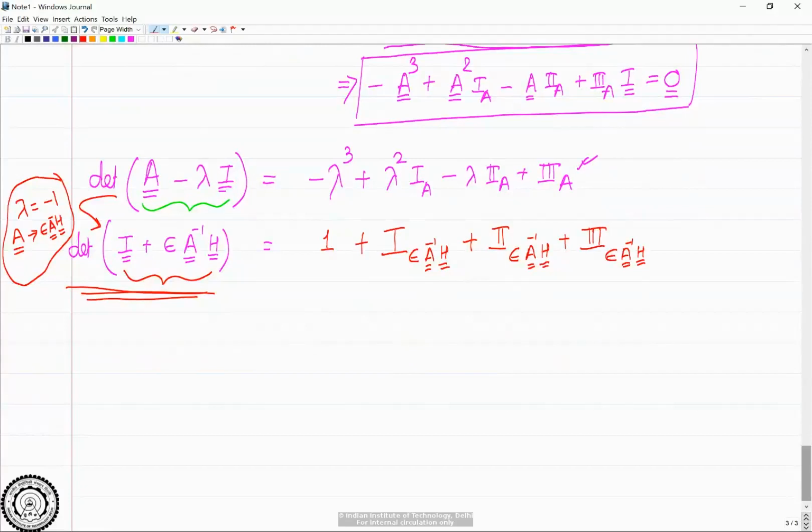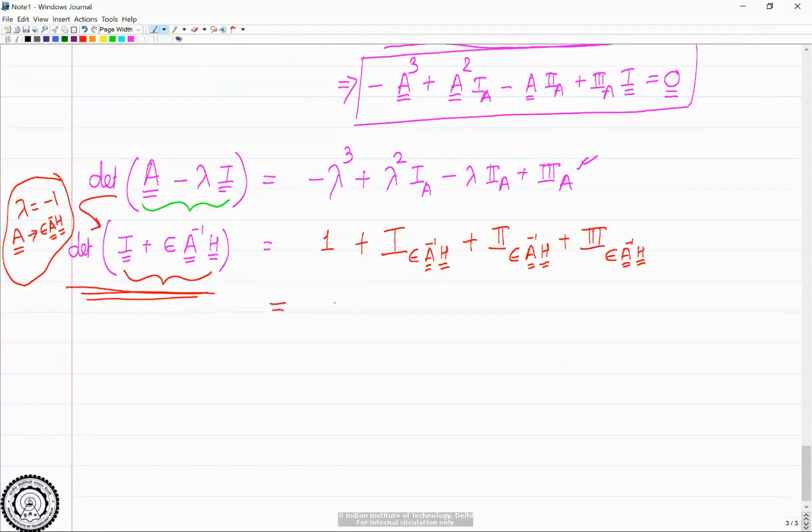Because it is identity plus epsilon A inverse H, how can I take epsilon outside? It will be epsilon times the determinant of 1 by epsilon identity plus A inverse H. You will still have 1 by epsilon, so we'll have to put 1 by epsilon in place of lambda. I don't know how we can use that. Maybe that can also be useful, but let us try the way I'm doing.